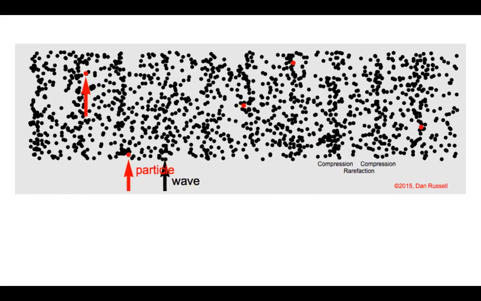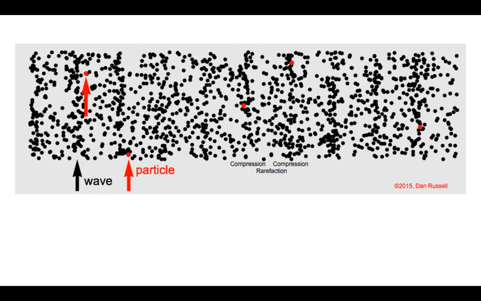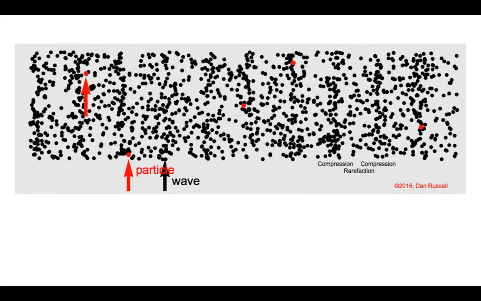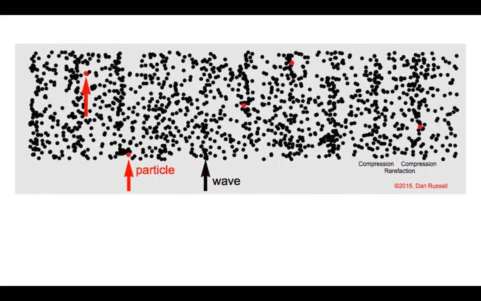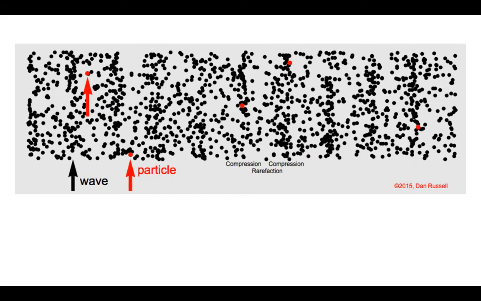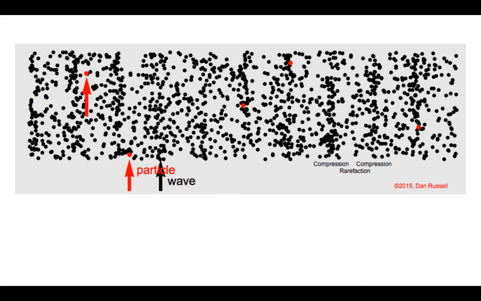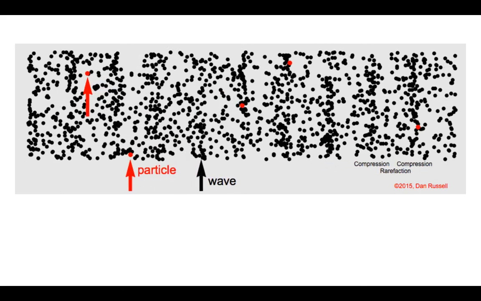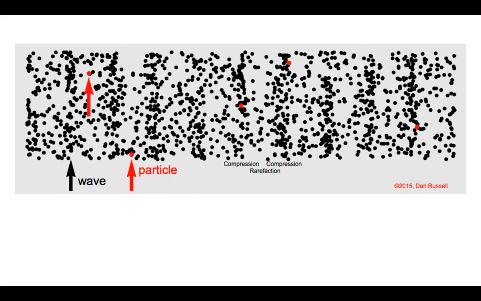This is a diagram of a compression wave. What's so cool is your eyeballs are thinking that the flow of particles is moving across the screen. But when you look at the red arrow, you see the motion of the wave in black is moving from left to right across the screen. But when you look at the particle, it's vibrating back and forth.